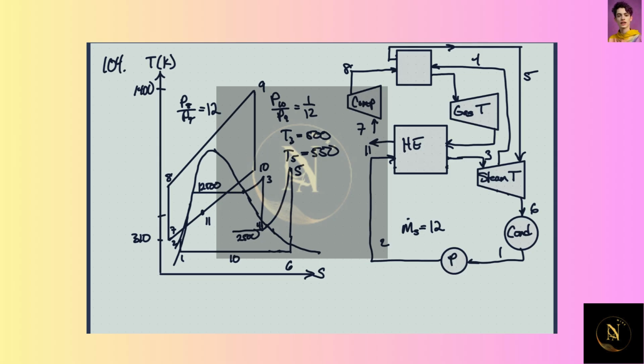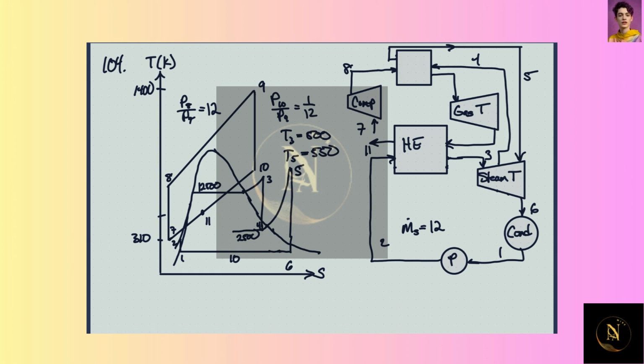So we have a gas steam combined turbine combined cycle here. In this case, we have an interesting feature in that we're sending some of the steam out of the steam turbine into the combustion chamber for reheating, which is an interesting way to do things.